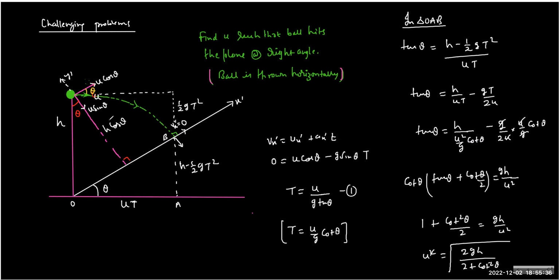So in the y dash direction, your displacement is h cos theta. How many of you are able to see this? Yes, sir. So you all can see, right? Yes, sir.